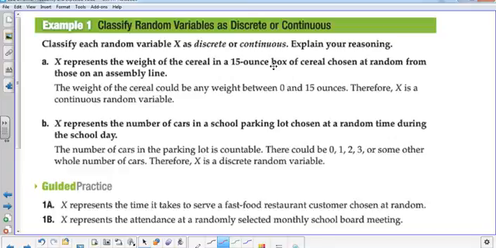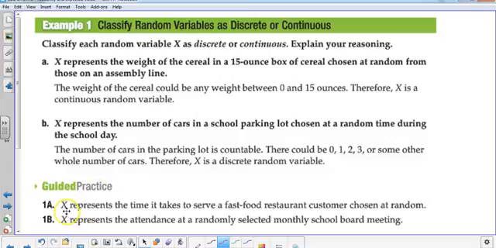Depends how accurate their scale is and whatever. That's a continuous random variable. If we want to know how many cars are in the parking lot on any given day, is that going to be decimals and fractions and stuff? Those are whole number answers, so it can be from 0 to whatever the capacity of the parking lot is, right? So that is a discrete random variable.